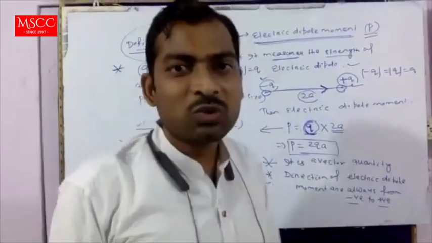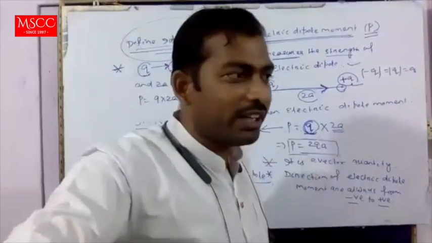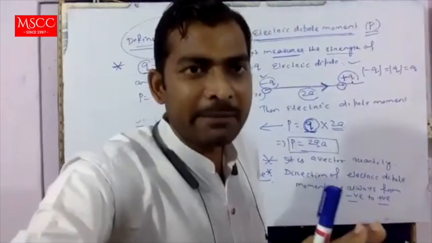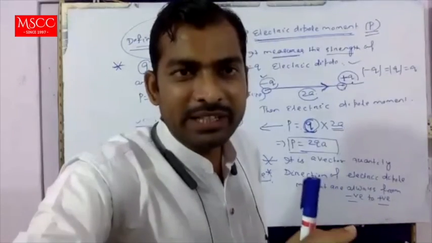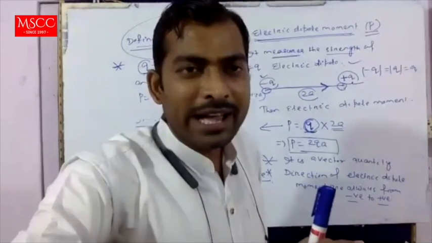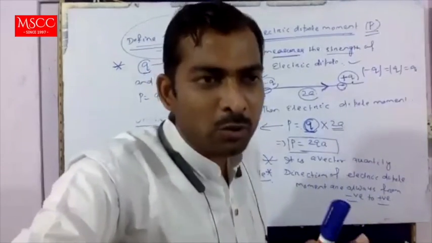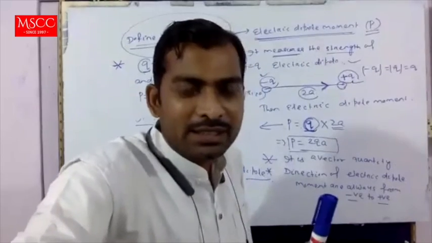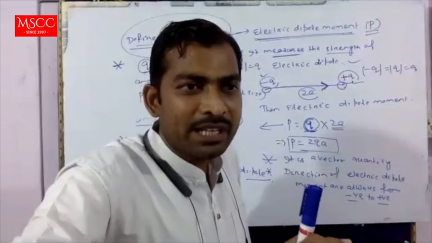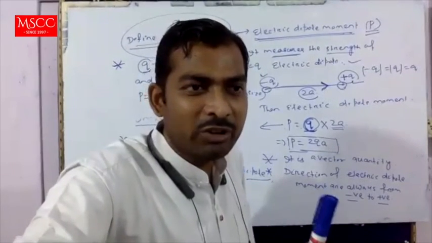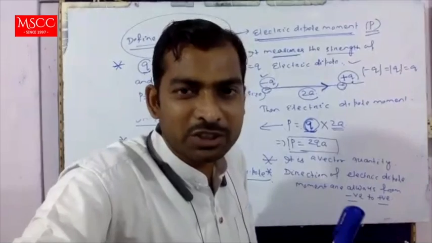In the next class, we will study two long questions. Number 1: derive an expression for electric field intensity due to a dipole at the axial position. Number 2: derive an expression for electric field intensity due to a dipole at the equatorial position.